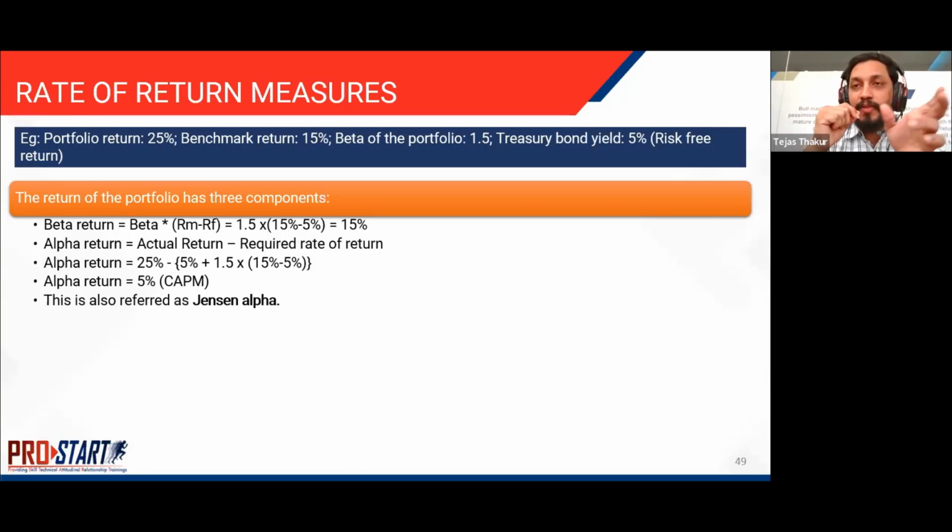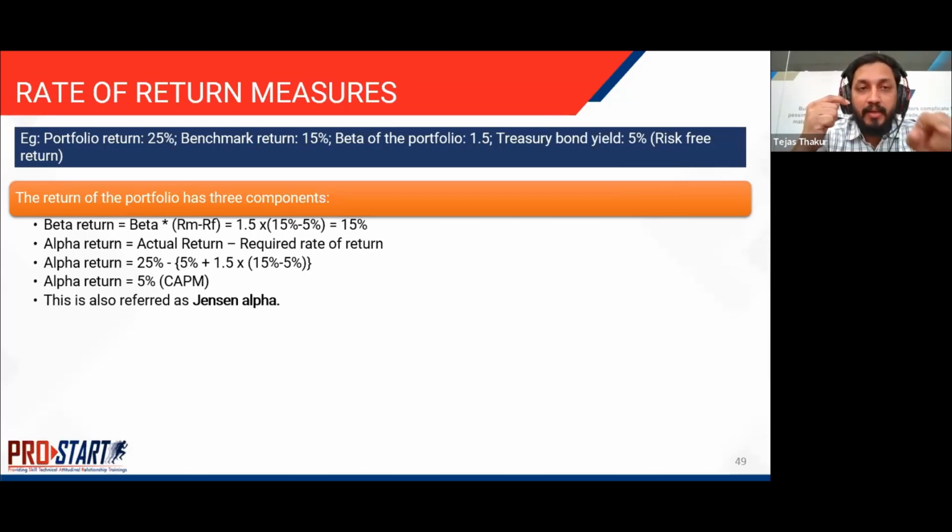Now the benchmark is at 15%, the risk-free rate is at 5%, which means the benchmark is creating an extra return of 10% over the risk-free rate in the market. This additional return that a benchmark is generating is something that you multiply with the beta of the portfolio to get the beta return of the portfolio.